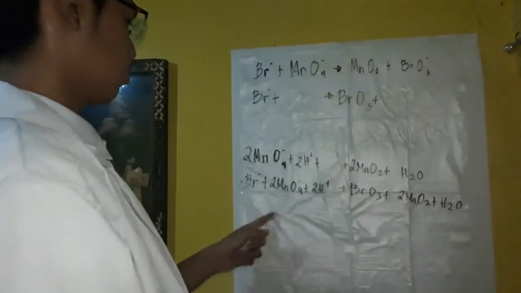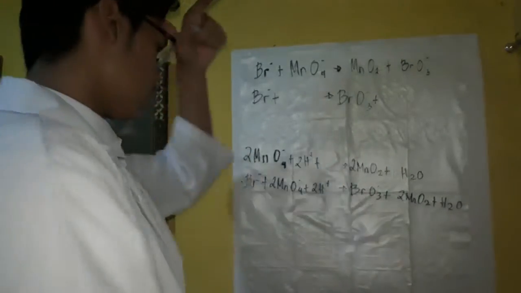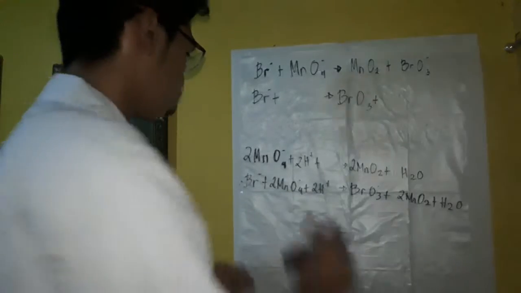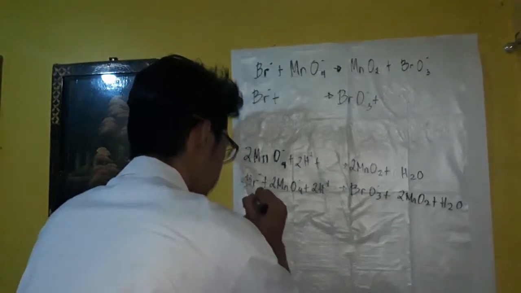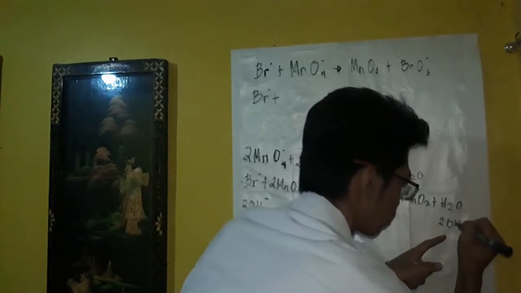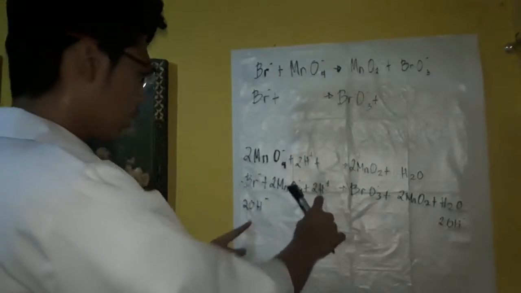So that's the condition, but this is a basic redox reaction. So we will add 2OH⁻ to remove the H⁺. If we add it here, we should add it also here. And this can be combined.